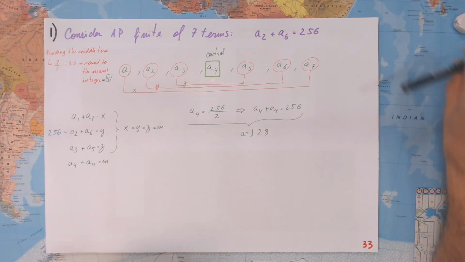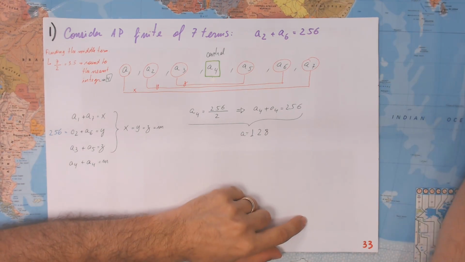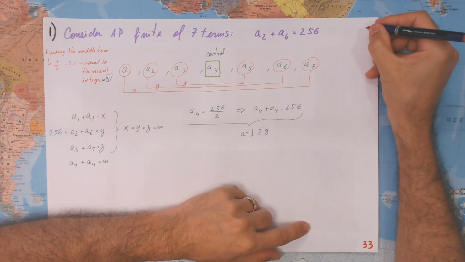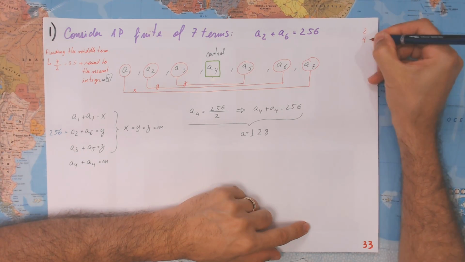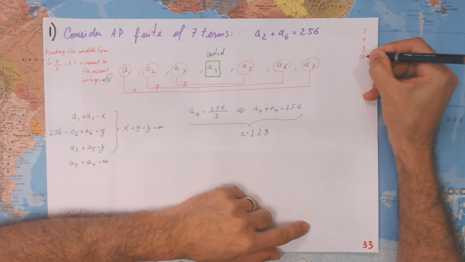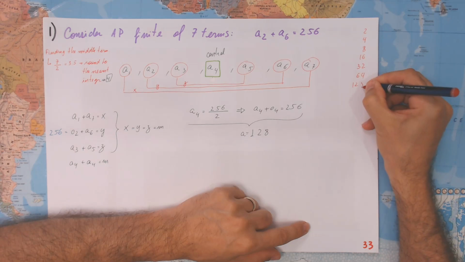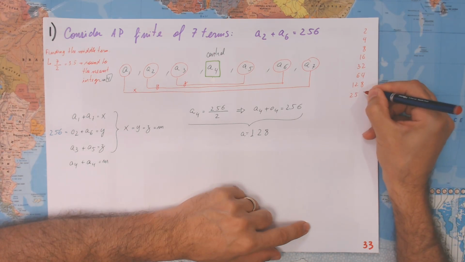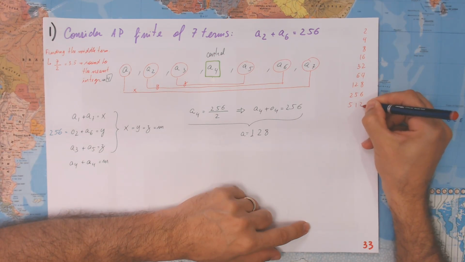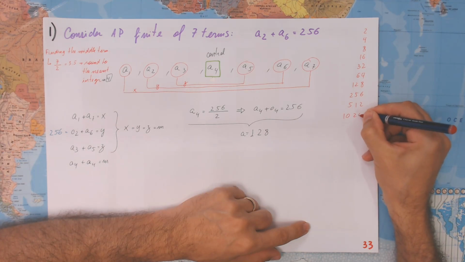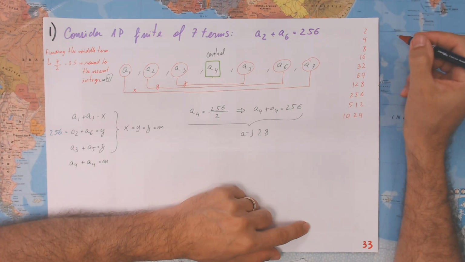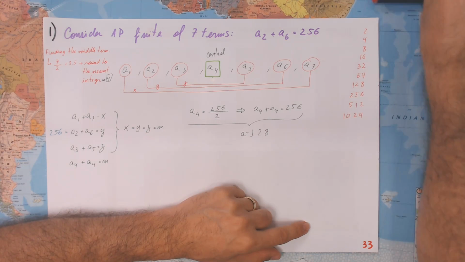And just remembering, you have to know that sequence by heart: 2, 4, 8, 16, 32, 64, 128, 256, 512, and 1024.